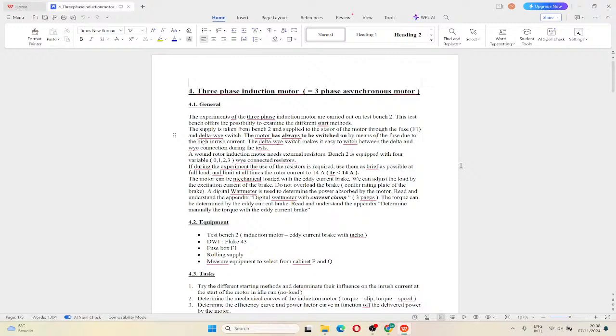Okay. So what I will ask to measure is... I forgot the word, sorry. It's the inrush current. We ask to follow this current.